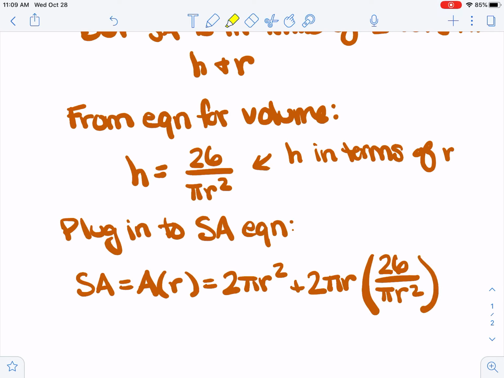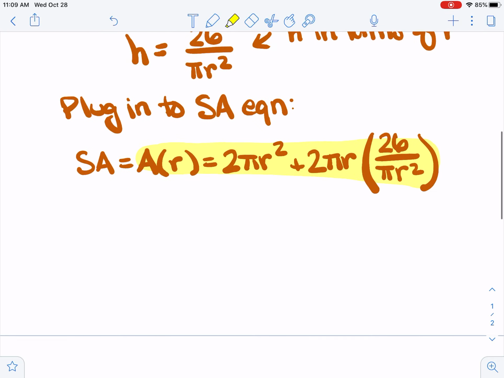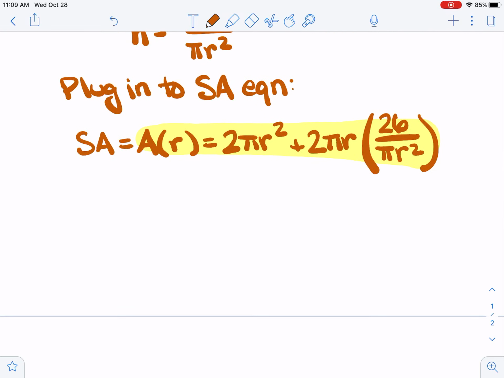So this area is now just a function of one variable. We've eliminated the h. We used the extra information that the problem gave us, namely the volume, to eliminate one of the variables, in this case h. We suppose we could have used it to eliminate r, but that would have been harder because in the volume equation r is squared. So we chose to solve for h and eliminate h.